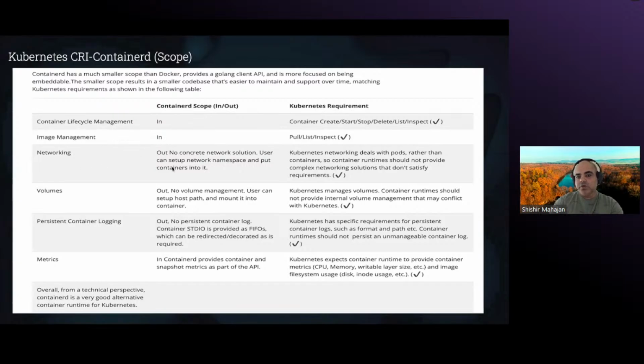For networking, usually people rely on CNI-based plugins. Volumes could be managed using CSI, which is the container storage interface, and containerd also provides some metrics as part of the API. So by keeping the scope well defined and minimal, they're able to keep the footprint really, really small and more lightweight. And that way, they don't have a lot of bloat baked into the runtime.